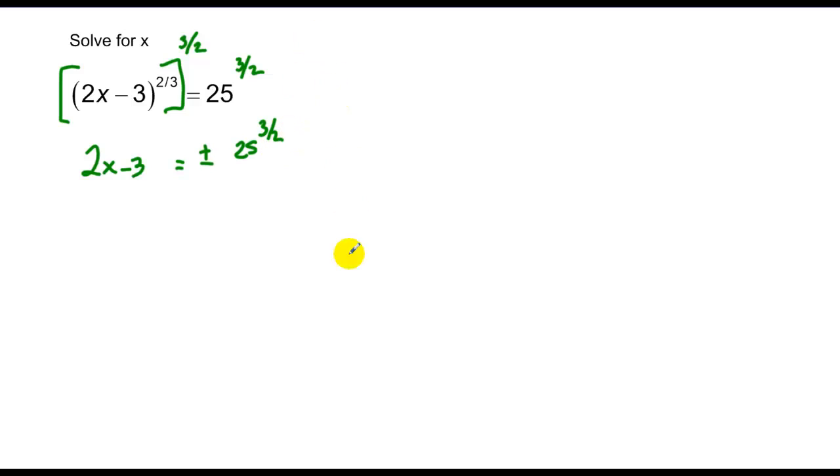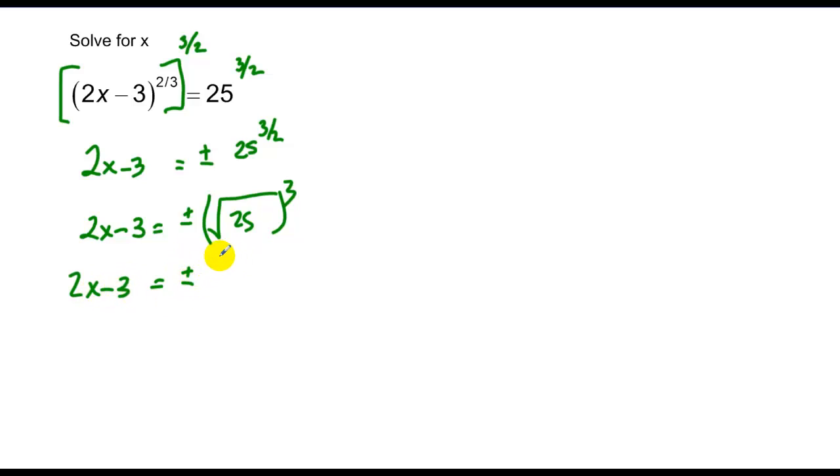And I'll show you that by doing this problem another way in a second. So this is 2x minus 3 is equal to plus or minus square root of 25 cubed. So I have 2x minus 3 is equal to plus or minus square root of 25 is 5 cubed, which is 125.